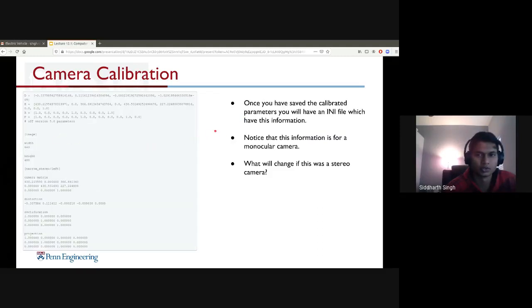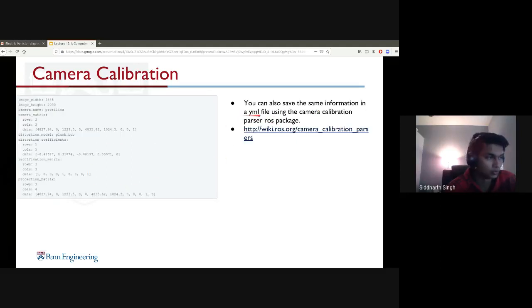So this was how it is stored in the INI file, right? This is how it is stored in the YAML file if you store it like that. You have the data for the projection matrix, for the rectification matrix, for the distortion coefficients, for the camera matrix. It's the same, just two different ways of saving it.